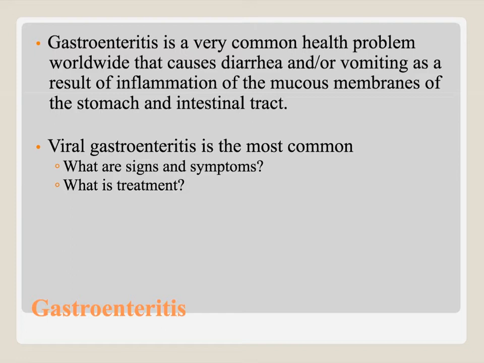People we have to keep an eye on are the people who are immunocompromised, older adults, small children, because they can quickly become dehydrated by gastroenteritis. That's the biggest problem it causes: you have this profound diarrhea and vomiting and you can't keep anything down.